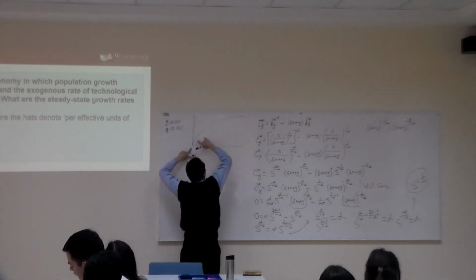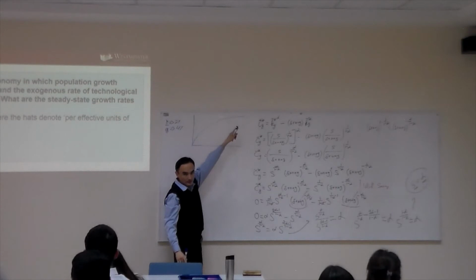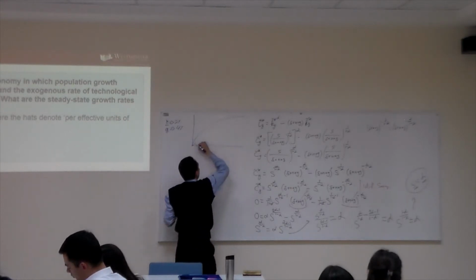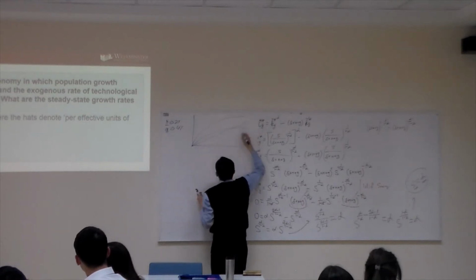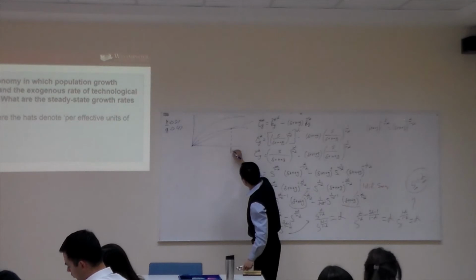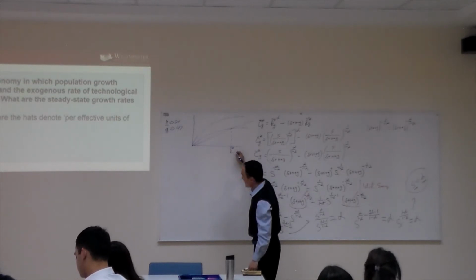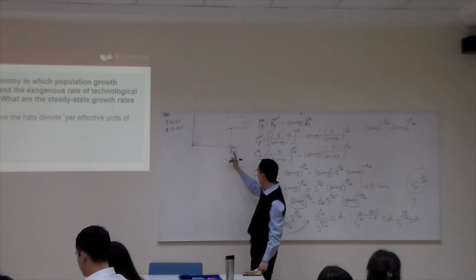Now this is the output function for output per effective labor. This one is investment per effective labor. This is depreciation. So in the previous case we proved that our capital per effective labor will reach steady state level. Once it reaches steady state level, what was it equal to?